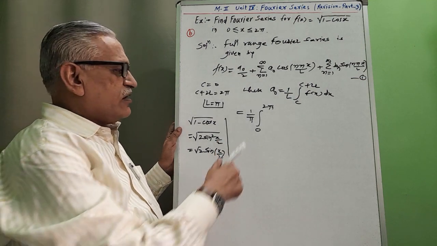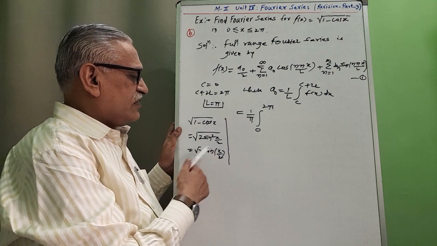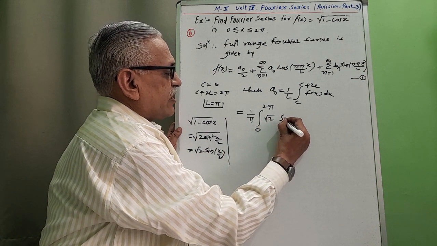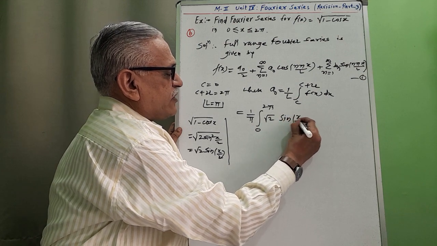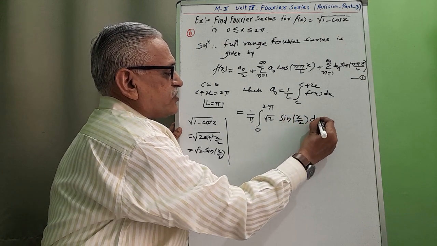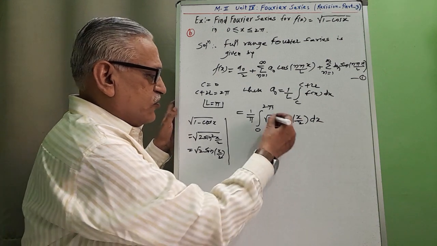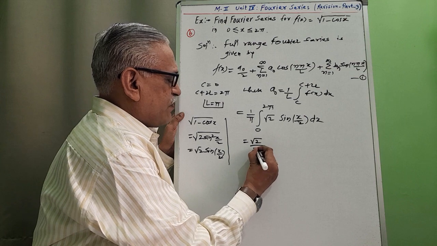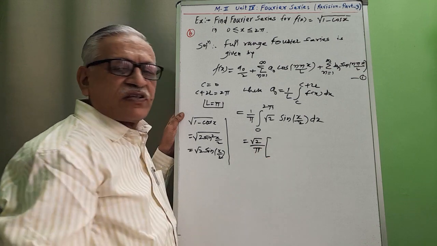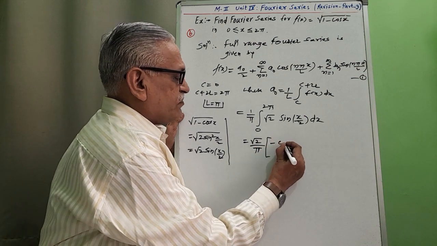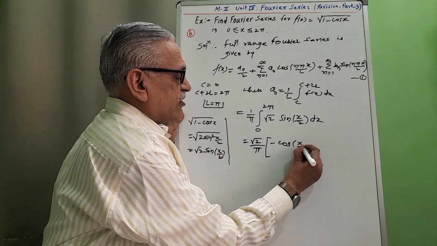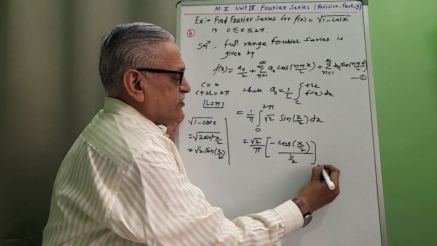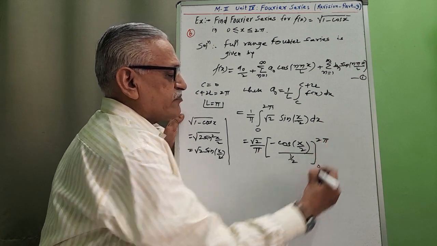And therefore this function is root 2 sin of x by 2, and its integration with respect to x. The constant root 2 we take outside the integral sign, divided by pi. Integration of sin is minus cos of x by 2 divided by 1 by 2, limit from 0 to 2 pi.